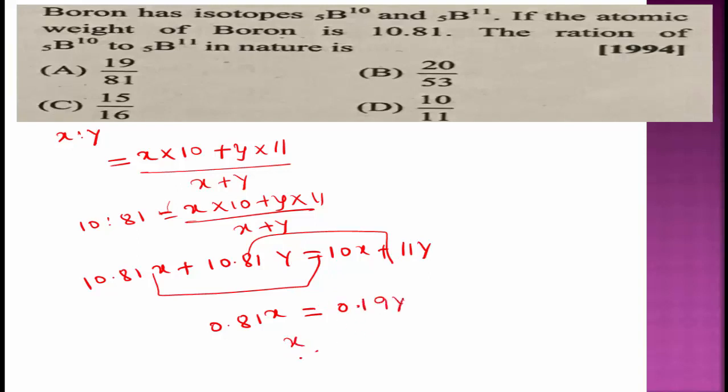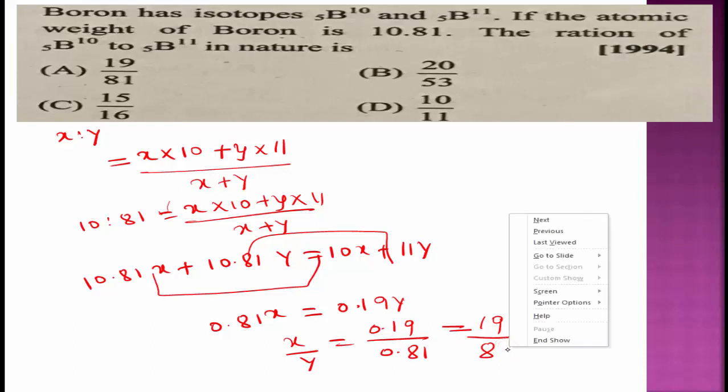Therefore x divided by y is equal to 0.19 divided by 0.81, which is 19 divided by 81. Option A is the right answer.